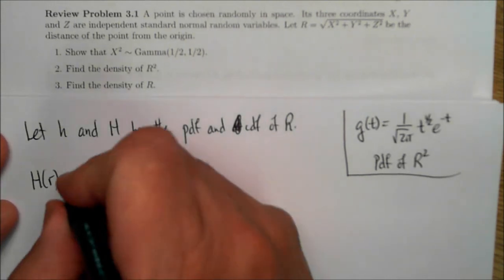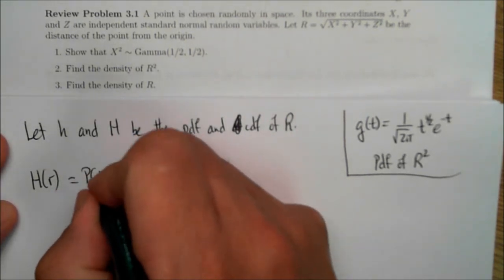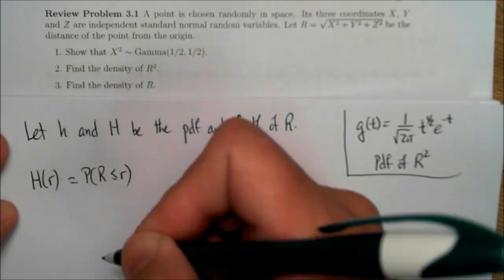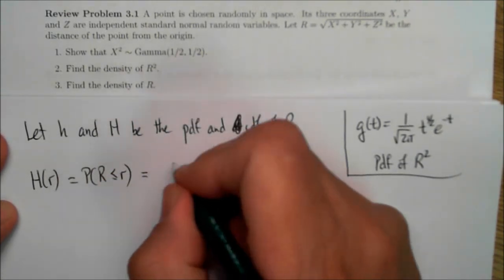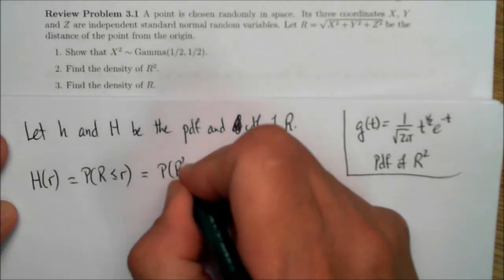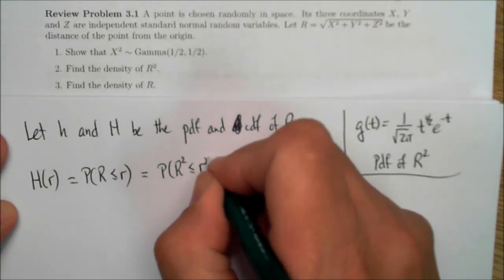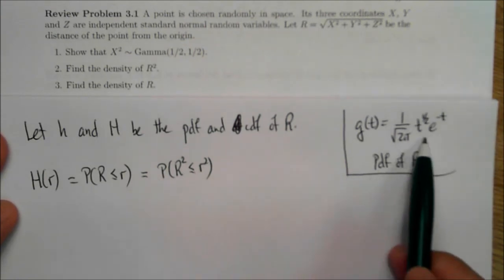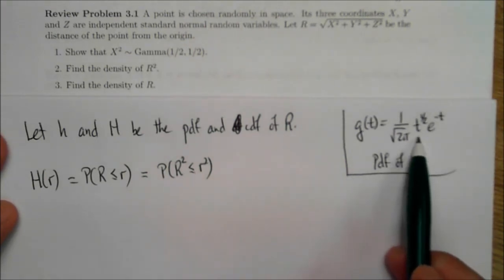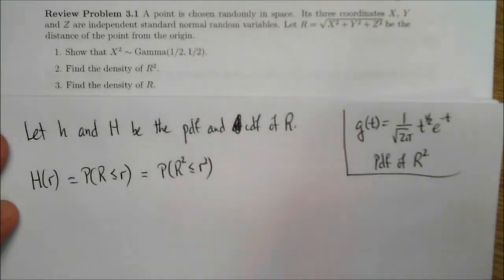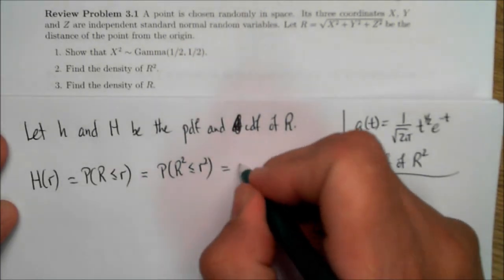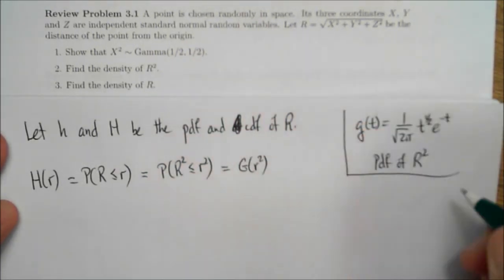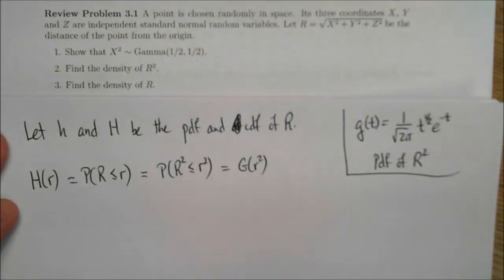So h of r is equal to the probability that capital R is less than or equal to little r. That's equal to the probability that capital R squared is less than or equal to r squared. And here is the PDF for r squared, so I'll just simply use it. So that's g of r squared, where capital G is the CDF.